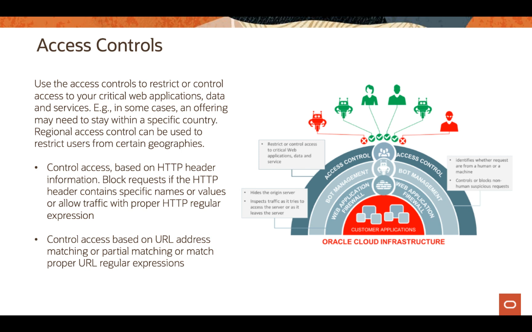Let's say you just want to give access to people navigating inside the United States. Then you can allow access to that and block all the other countries trying to get access to your application. Or if you have a specific country that you don't want to give access to, you can just enable the rule to block all access from that specific region.